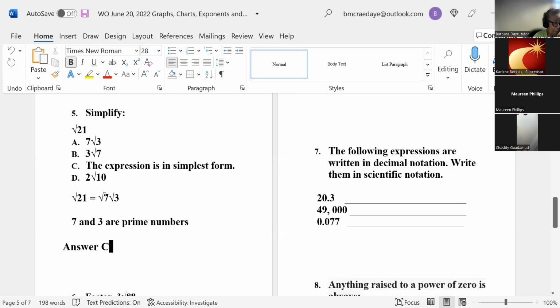Both of these are prime numbers. You cannot factor these any further other than 7 times 1 and 3 times 1. When that happens, your radical is already in its simplest form. You got it, Maureen?